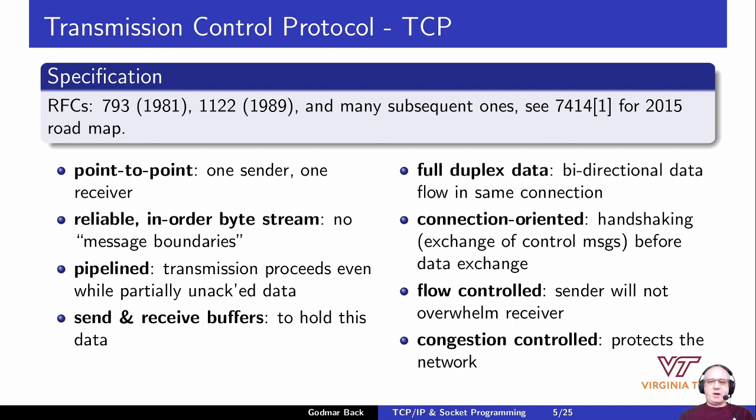TCP also provides a way to protect the network from sending data at too high rates. Specifically, as we recall from the discussion of packet switching, if multiple TCP connections use the same bottleneck link in a network, so you use the same router, then their packets have to compete for slots in the queue that is used to service the outgoing link.